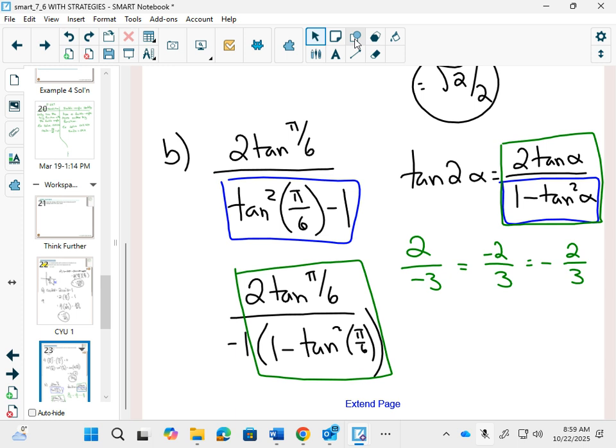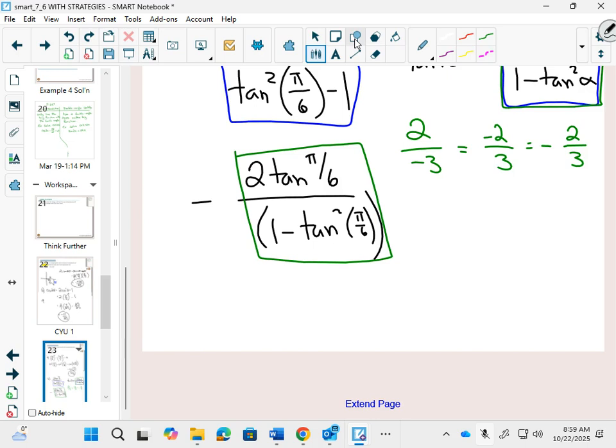So I'm just going to take this -1, I'm going to erase it here. And I'm just going to put that negative out in front. Because now, what's in the green box, I can use the formula for. I can write negative, and this will be 10 of 2 times pi over 6.